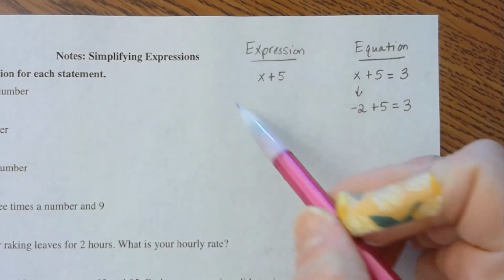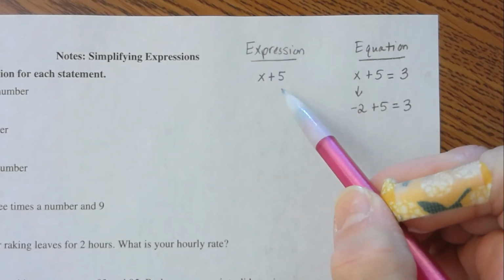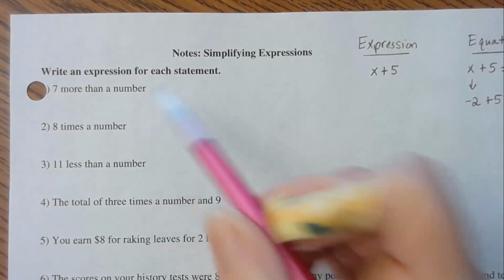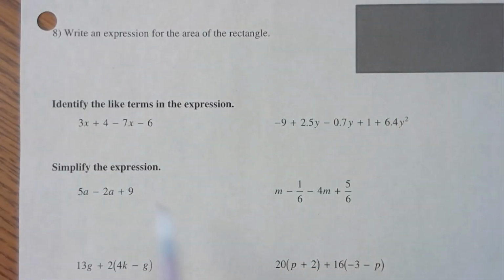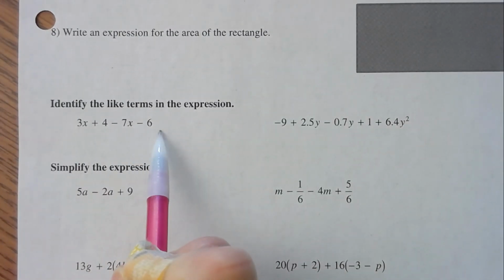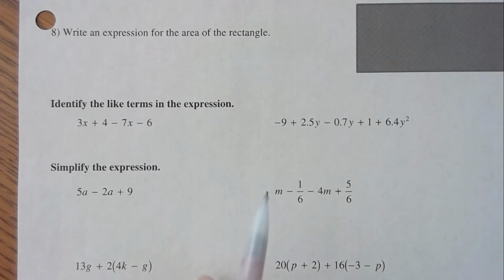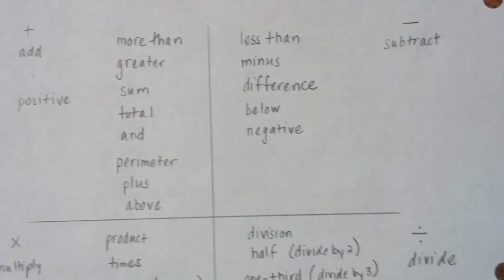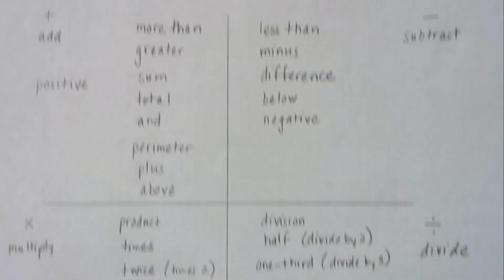Today, we're going to be working with expressions. We're going to write expressions from words, and we're going to simplify expressions that look like this. First thing I would like you to do is turn over your notes and make a table with 4 boxes.